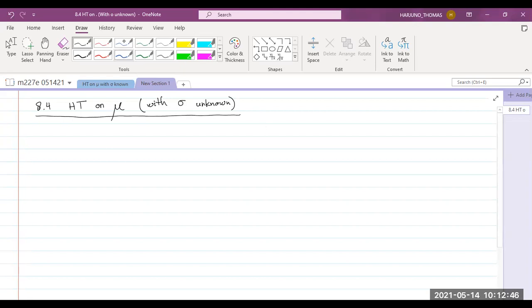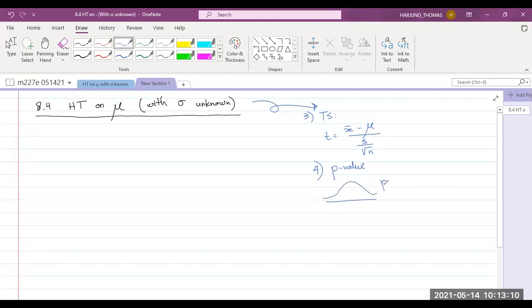Now, since sigma is unknown, in our step 3 test statistic, instead of using Z, we will use T. And of course, in step 4, the p-value will be on the T distribution.